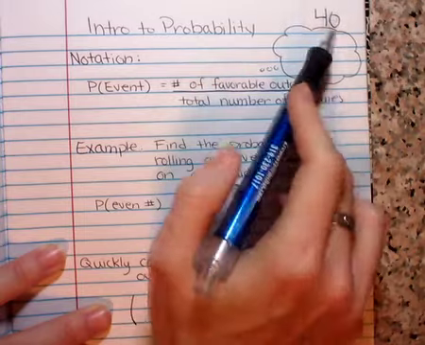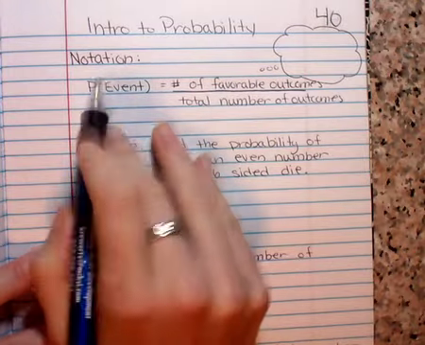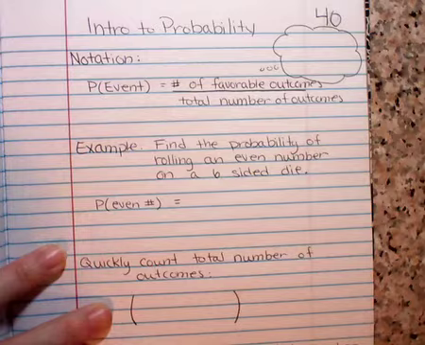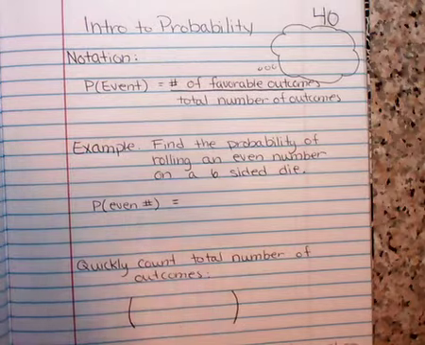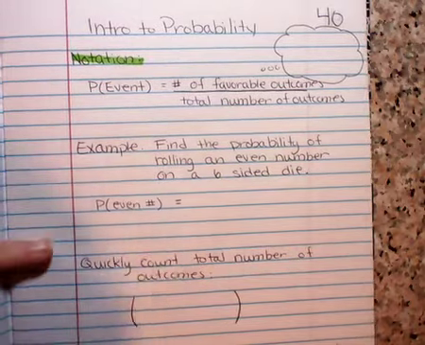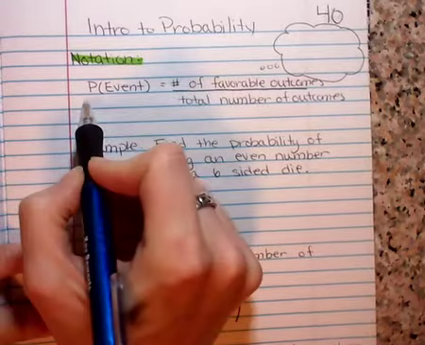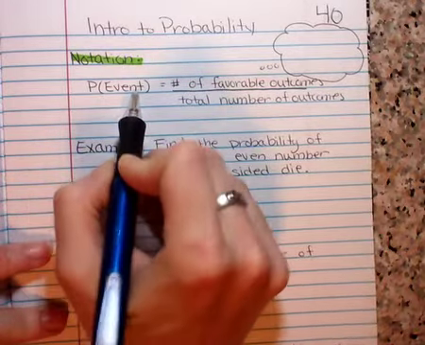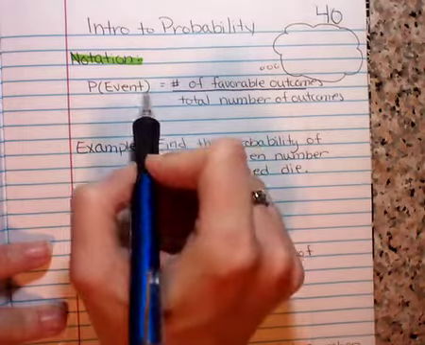So, Intro to Probability, page 40. I want to start by talking about notation when we're talking about probability. Typically we write what we are trying to find as P, parentheses, and then we list whatever probability we're looking for, and then we close our parentheses.